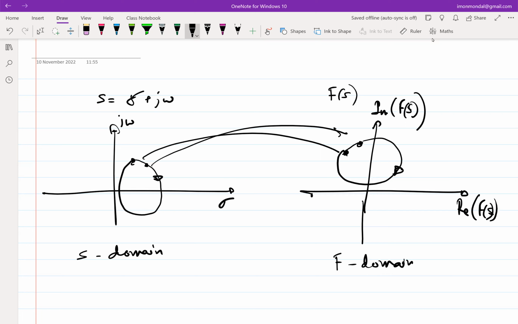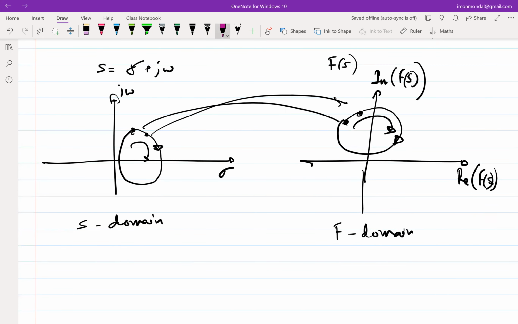And the direction in which the closed shape gets traced in the F domain is the same direction in which you are taking the points on the S domain. What I mean by that is, if this is clockwise, this contour will also be closed in a clockwise manner. Again, this is just a statement that I made, but there is a rigorous mathematical proof. This is basically Cauchy's theorem. You can go and check it out.